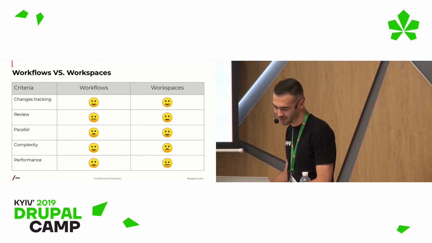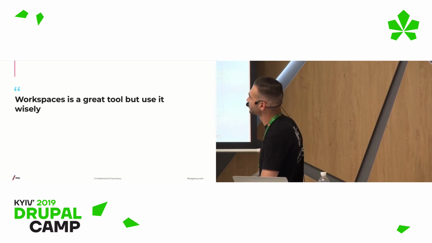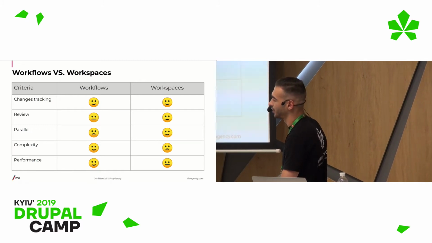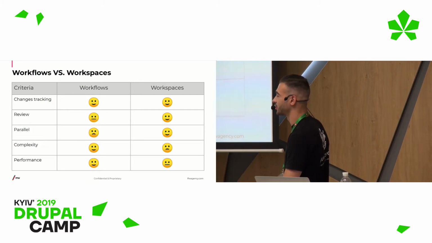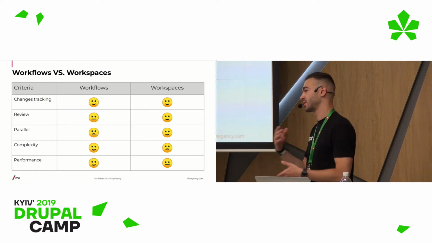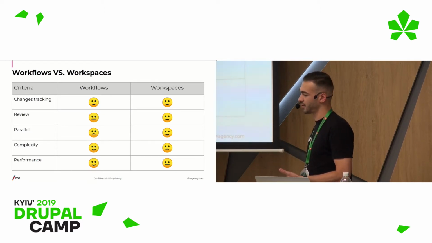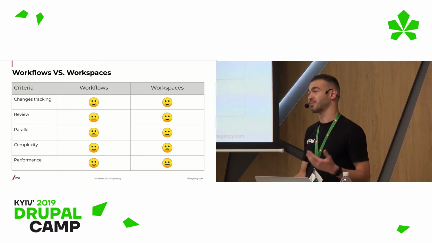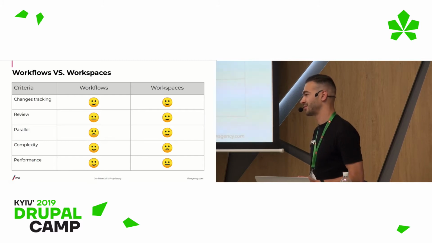Parallel. What is parallel? Well, everything goes good in terms of multiple people working in parallel, unless you need to make some urgent changes. With workflows, it's pretty much impossible to do. Because let's say you have a page and an editor already started work on some edits, changing it, and then all of a sudden you need to change, for example, one line, which is a copyright line.